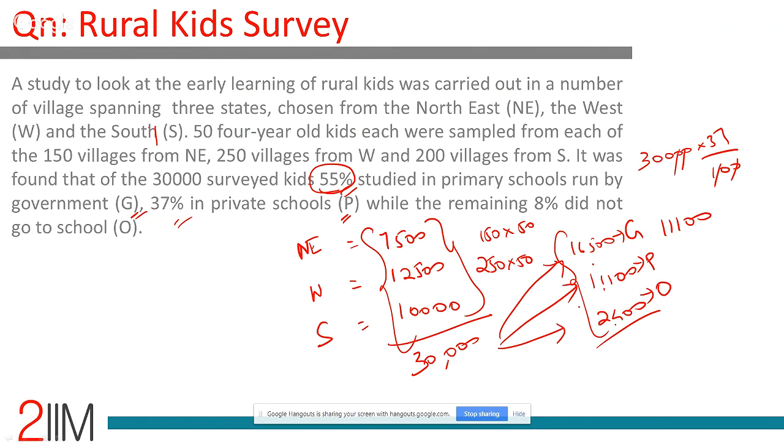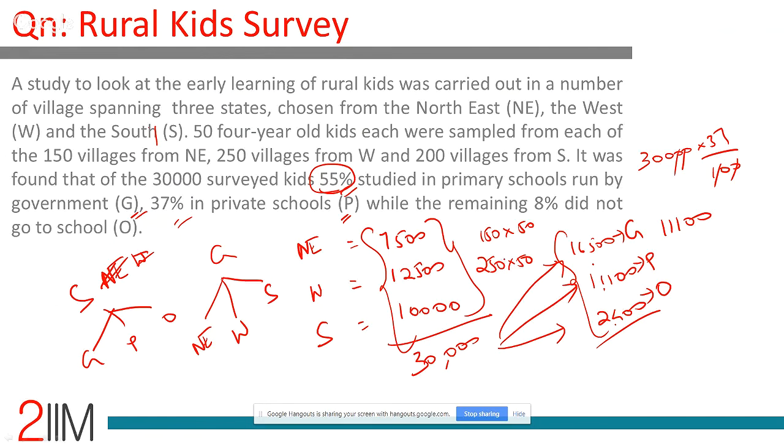Cross-slicing is what this set is going to be. I'm already switched on about that. I'm thinking that we're going to come up with a scenario where NE gets broken as GPO, and then West gets broken as GPO, South gets broken as GPO. Or we go differently. The government gets broken as NE, W and S.